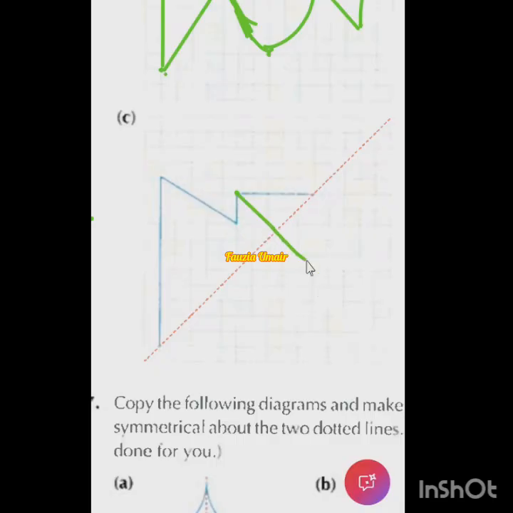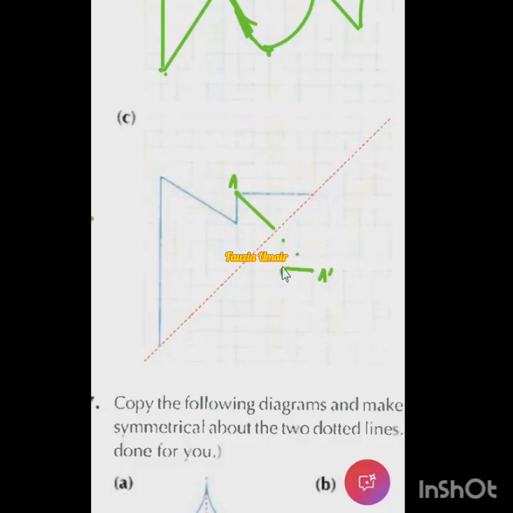So this point is reflected here. If this is point A, then this is the reflection of A, right? Now let's say this point, this is 1.5. So from here also it is here.